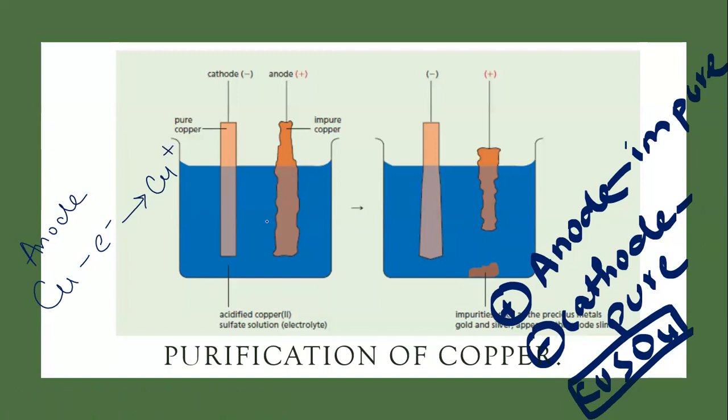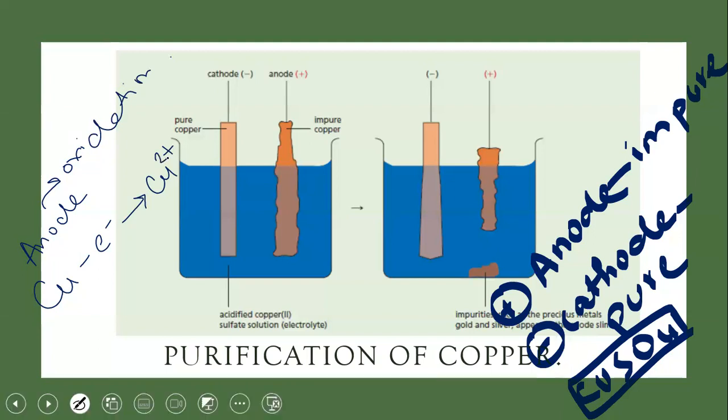Because what happens at the anode? Oxidation. And oxidation is loss of electrons. So copper will lose electrons to become an ion.